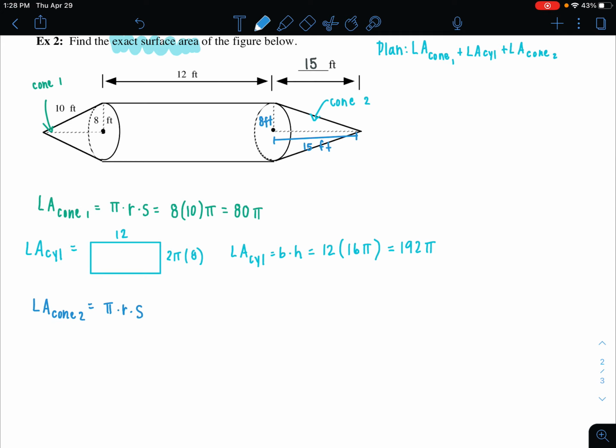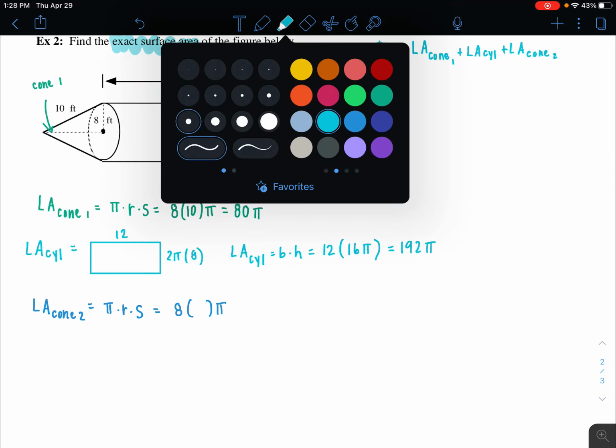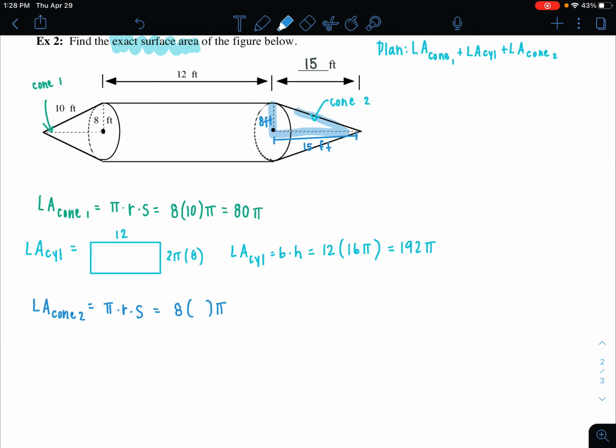So we have our radius of 8, and we have to figure out our slant height times pi. Again, we have that triple, the 8, 15, 17 triple. Therefore, my hypotenuse and my slant height is 17. When I multiply that together, I get 136 pi.